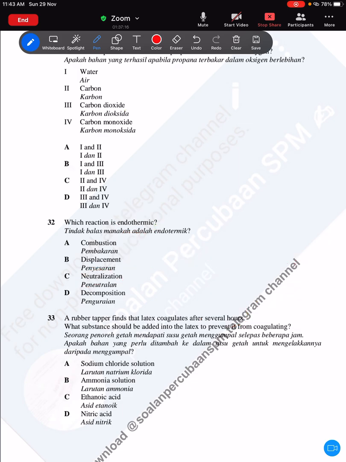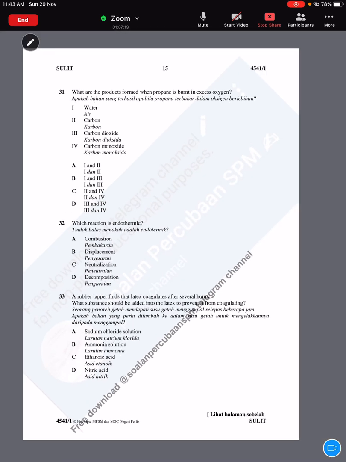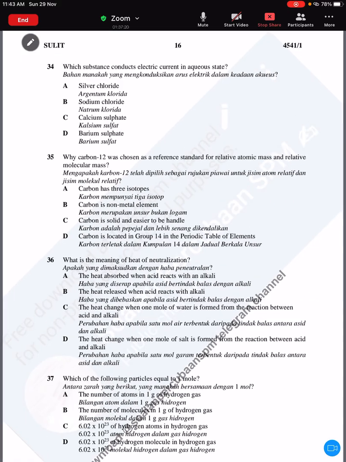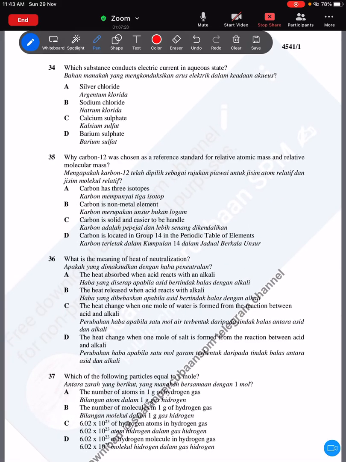The next one. Which substance conduct electricity current in an aqueous state? Remember, when it conduct electricity, I'm actually referring to electrolyte. I'm referring to electrolyte.